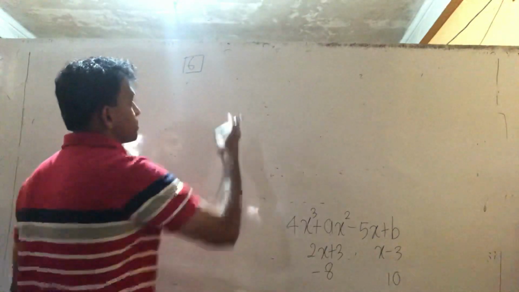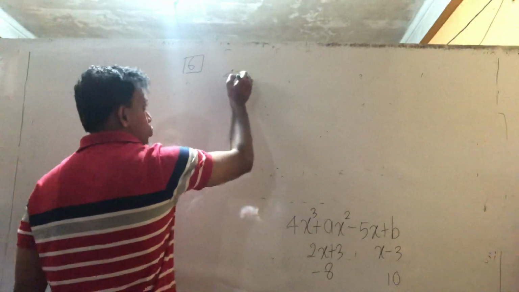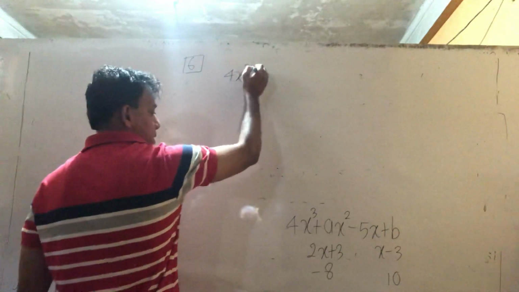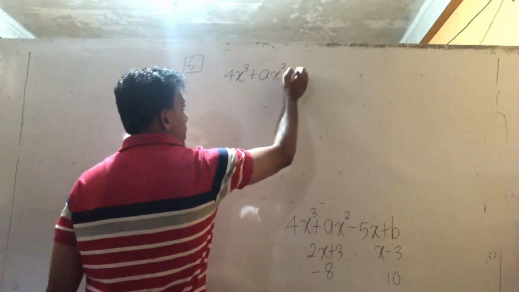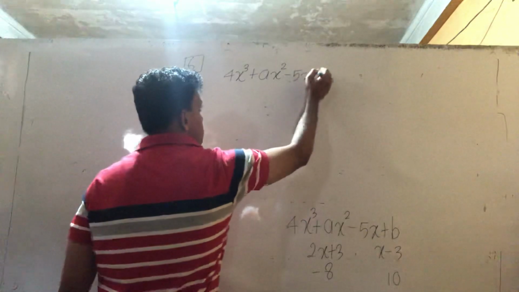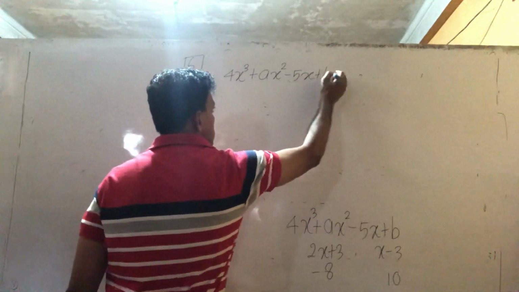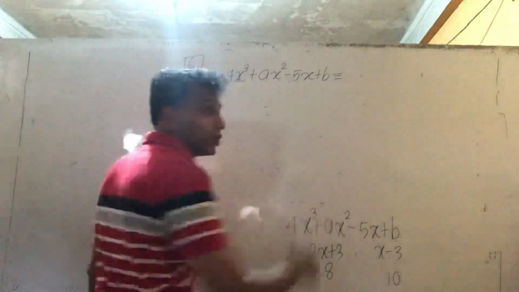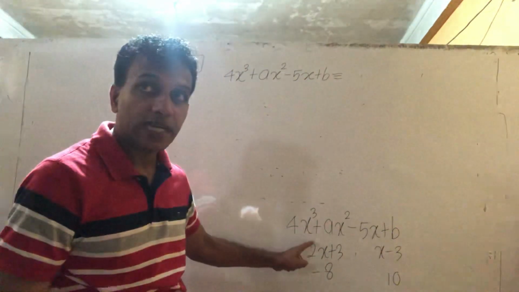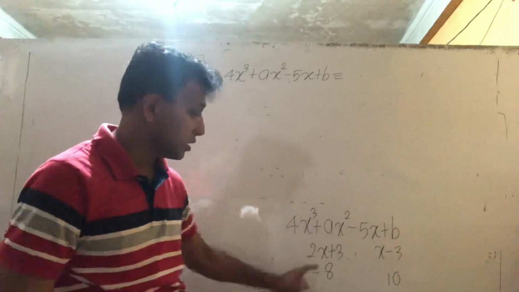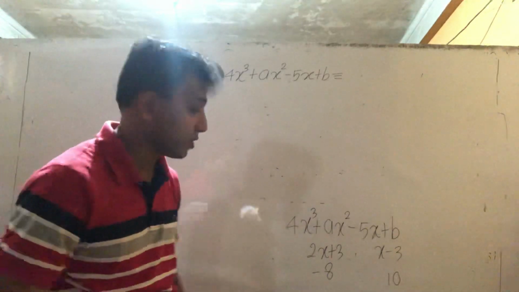So 4x cubed plus ax squared minus 5x plus b is identically equal to divisor times quotient plus the remainder.